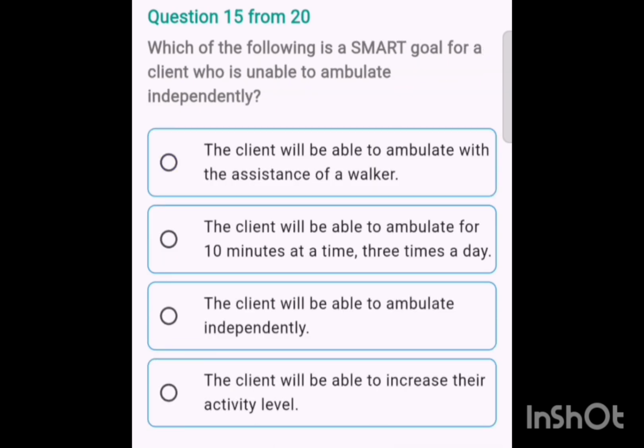Question number 15. Which of the following is a SMART goal for the client who is unable to ambulate independently?